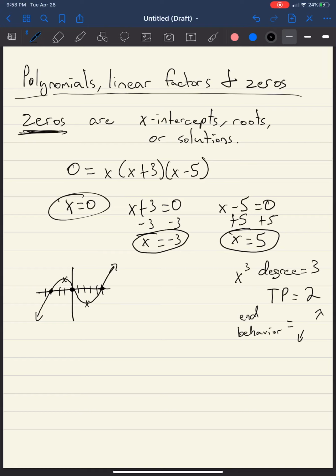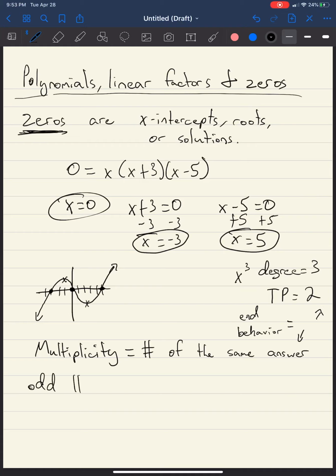You're thinking, okay, how do we know if it actually crosses through or if it just bounces off those x-intercepts? That's where we get to multiplicity. All multiplicity is, is the number of times the same answer repeats.